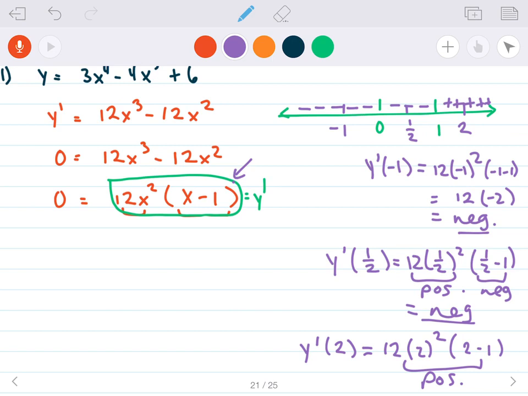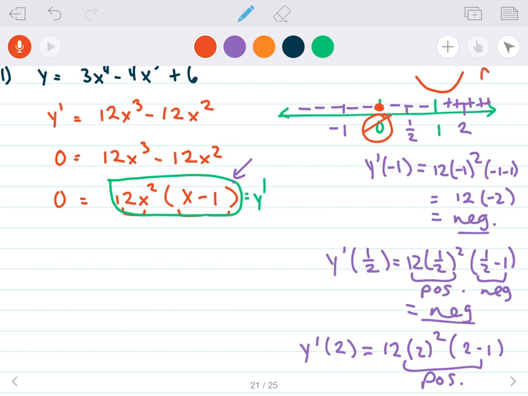Okay. So we already know that 0 is out, because at 0 we're going from negative to negative, which isn't a change in sign. But at x equals 1, we're going from a negative to a positive. So that means in the original function f, it looks something like this, right?